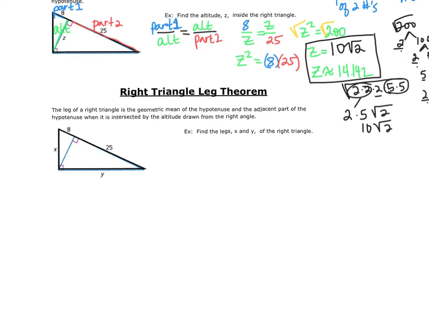All right, so if that altitude is drawn there from the right angle, this leg is the geometric mean between the whole hypotenuse and the little part of the hypotenuse adjacent to it.